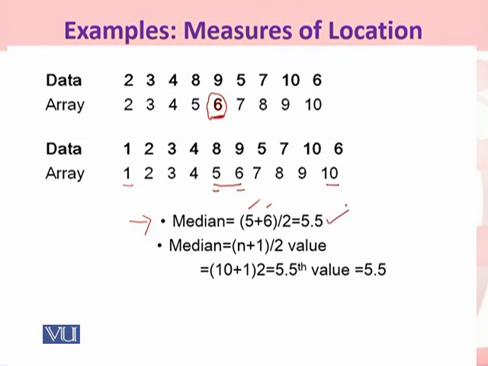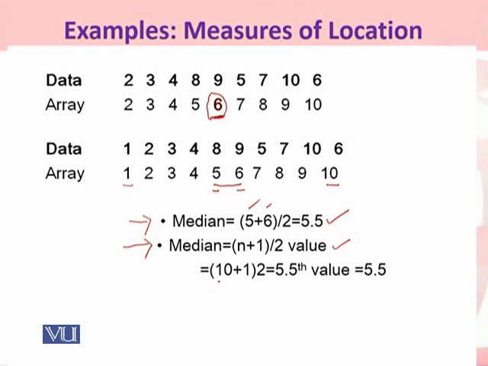So students, we can do this with another procedure as well. As you can see, this data is ungrouped data. We do not have frequencies in this data. So we will calculate the median of ungrouped data using this equation, which states that the median may be calculated as the (n plus 1) by 2th value in the data. Basically, using this equation, we locate the center of the data.